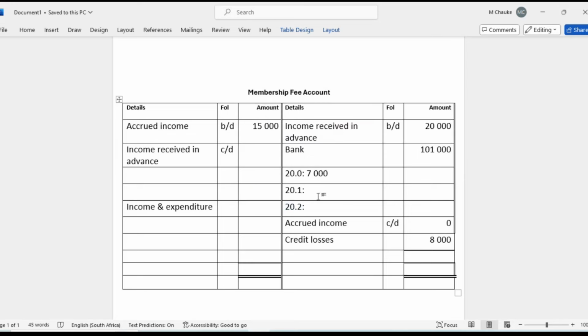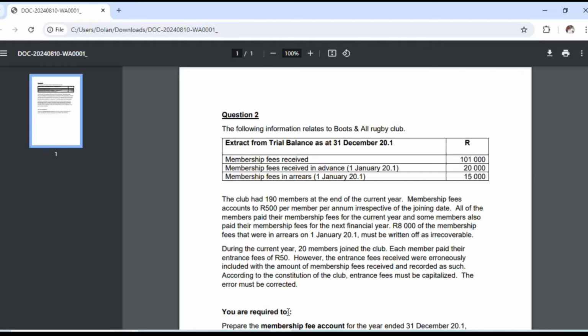Okay, now what else do we need? This one is covered, but we need 1, 2, 3, right? And 4. Okay, so now let's go back to the question. It will guide us, because in order for you to understand membership, the information is just given. You need to understand what you are dealing with, right?